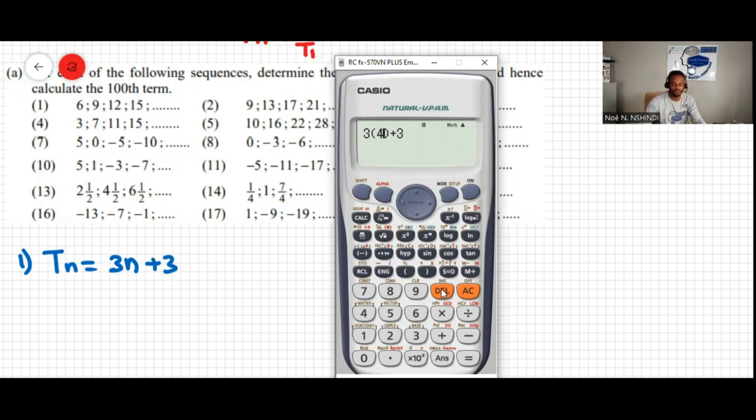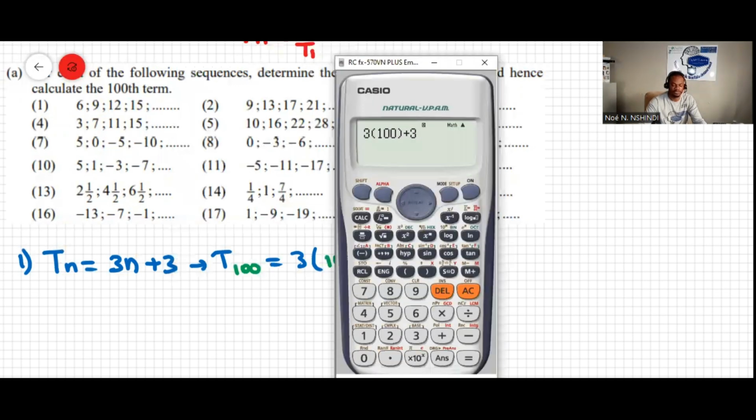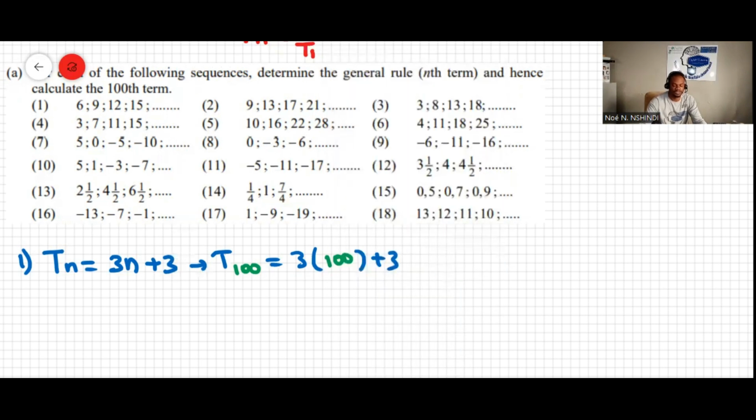We substitute 100 for n in 3n plus 3, and on the calculator we get 303. So T100 is equal to 303.